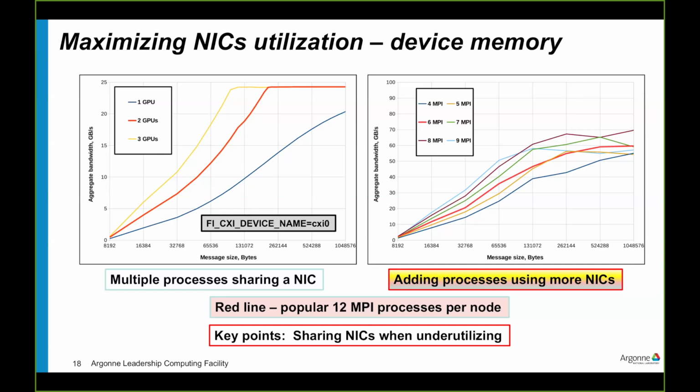But each message is that message size. Okay, so is each MPI process bound to one GPU? Well, on the left side, you have each MPI process bound to one GPU, and every MPI process binds to the same NIC. Yeah, okay, thanks.